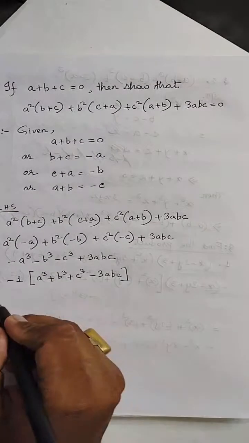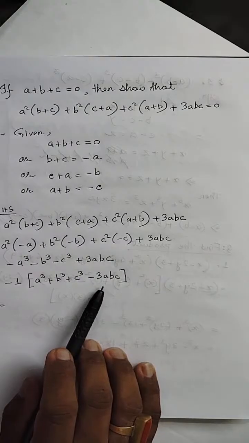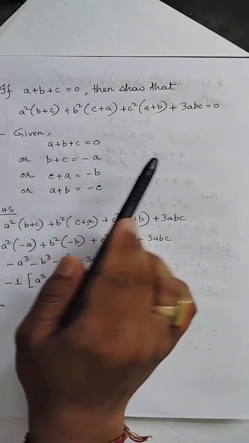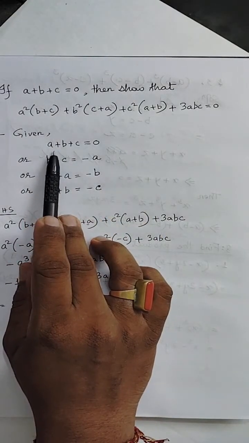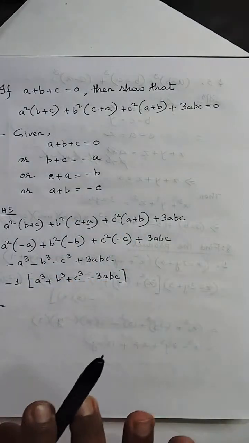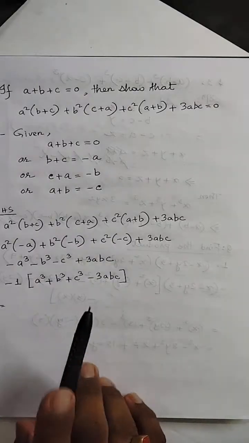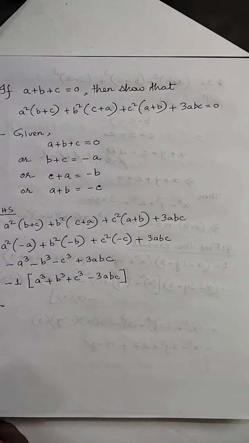Now we'll go back to the beginning of the question. In the beginning, we were told that a plus b plus c is equal to 0. So if a plus b plus c is equal to 0, then a cube plus b cube plus c cube is equal to 3abc.